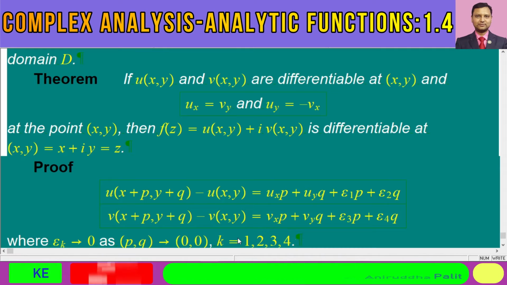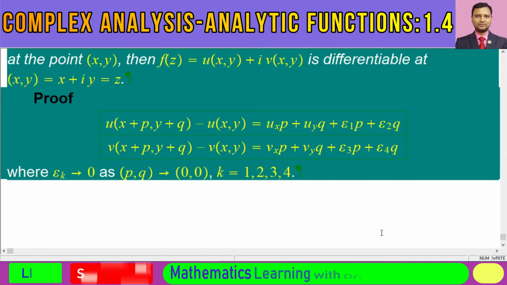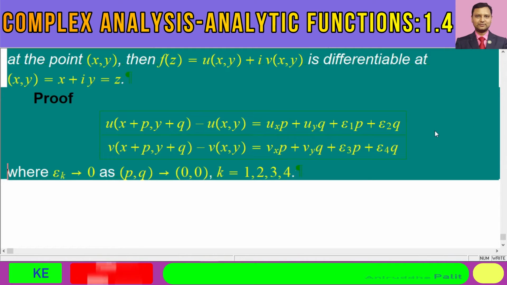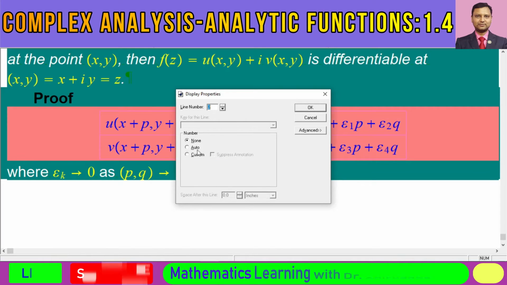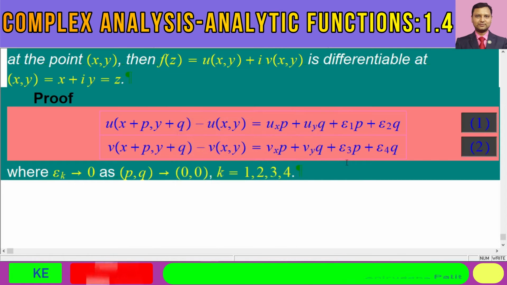So all these four epsilons are tending to 0. Now let us write them as equation number 1 and equation number 2.